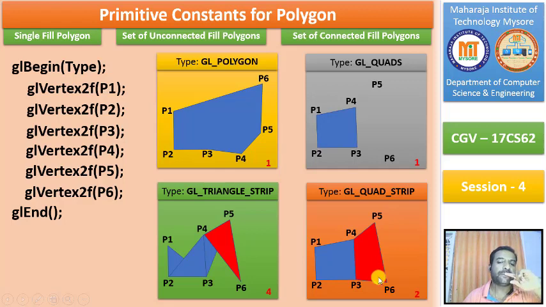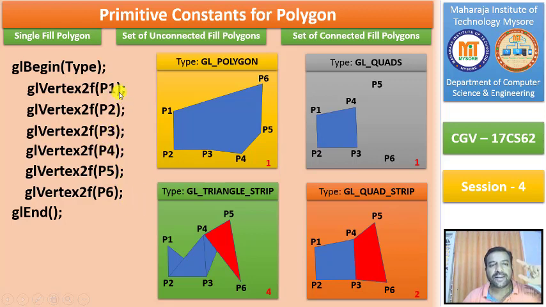So how did this happen? Now just compare these two. To draw a triangle strip, I take the previous 2 points from the previous set and add 1 vertex. The quad strip takes the previous 2 vertices from the previous set and takes 2 new vertices.